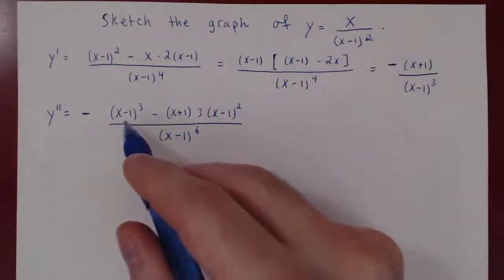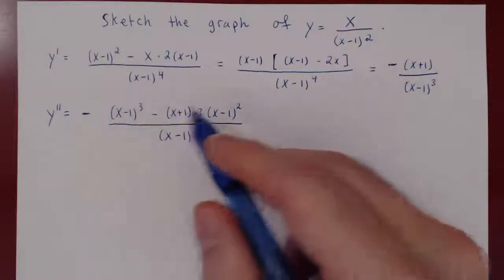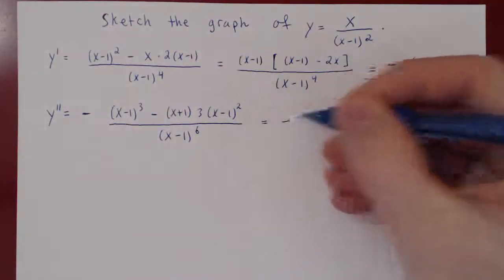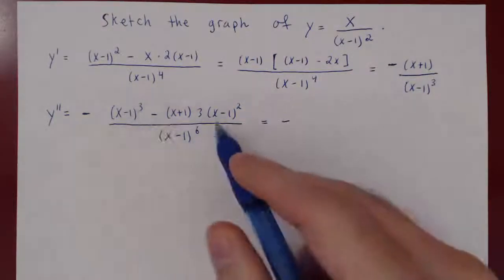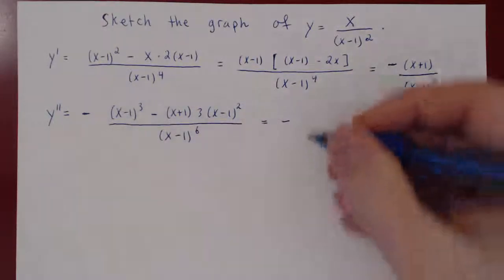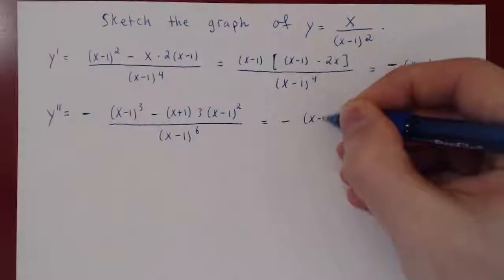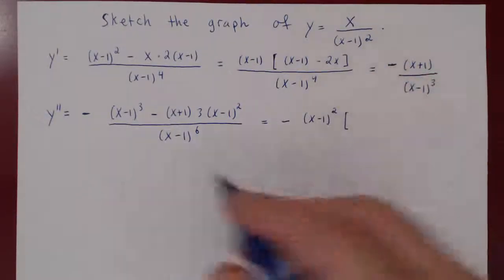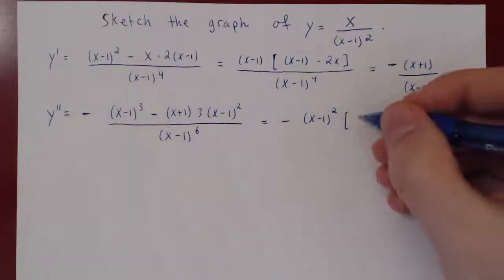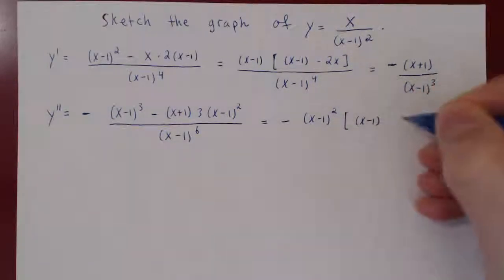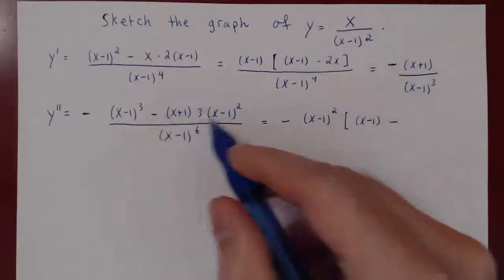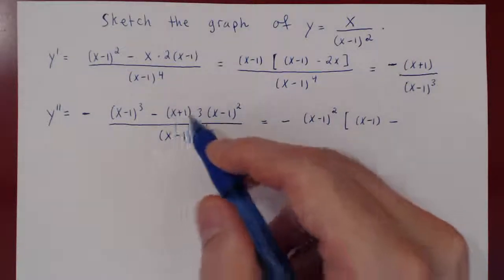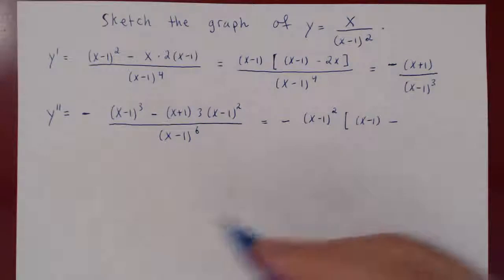As always, we now look for a common factor between our two terms. The negative stays up front. We can factor (x minus 1) squared. And we'll be left here with a single x minus 1, minus, we factor the (x minus 1) squared, and so we're left with minus 3 times (x plus 1).